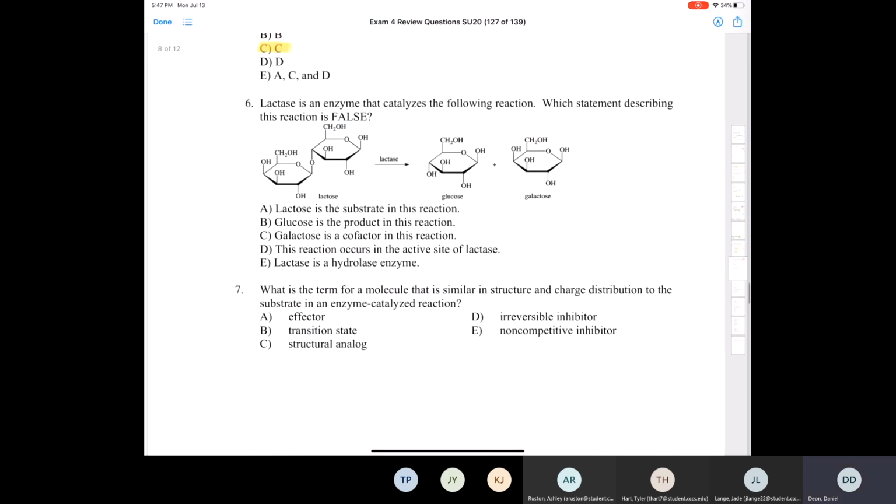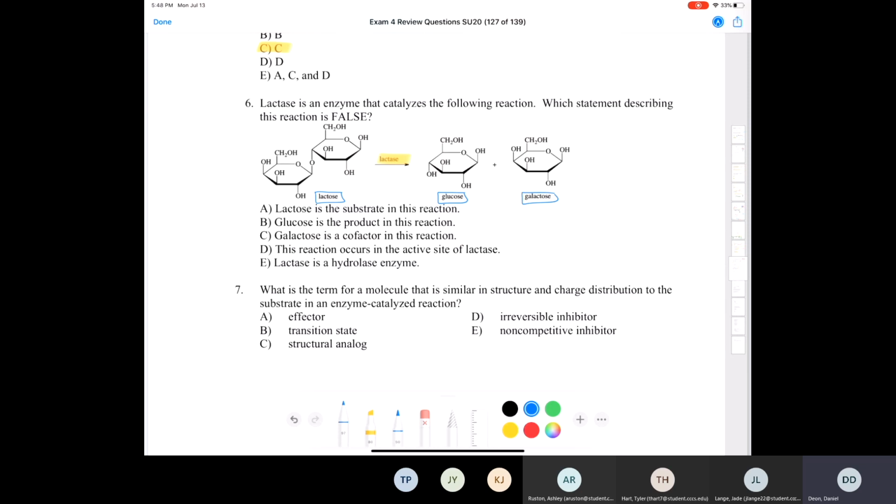Number 6, lactase is an enzyme that catalyzes the following reaction. Which statement describing this reaction is false? We have lactose, which is shown here. It gets acted upon by the enzyme lactase, and we produce glucose and galactose.